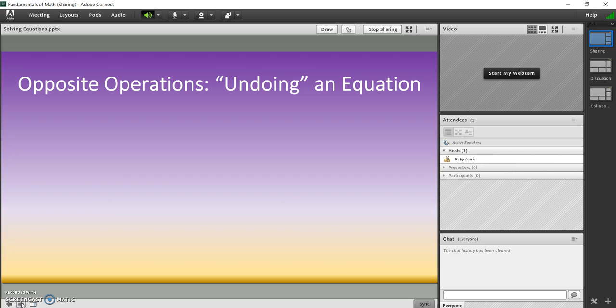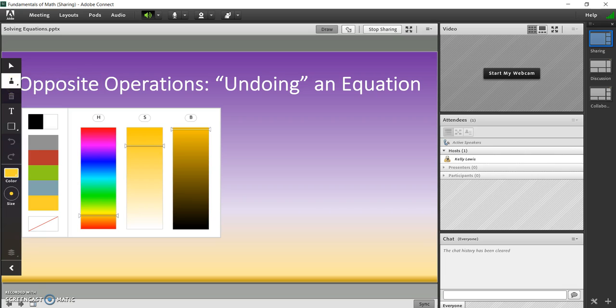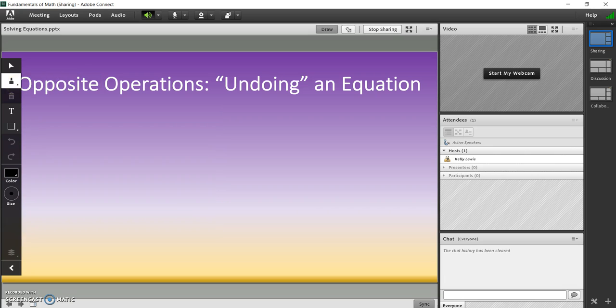Alright, equations. When we undo an equation or an inequality, we're going to use what's called opposite operation.